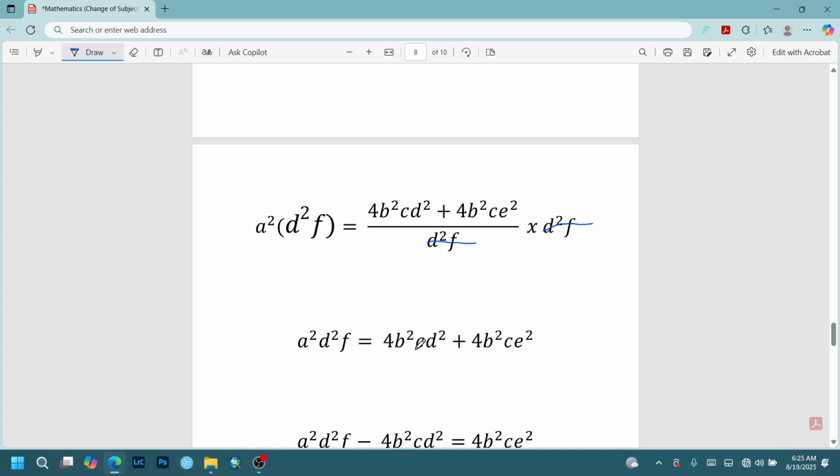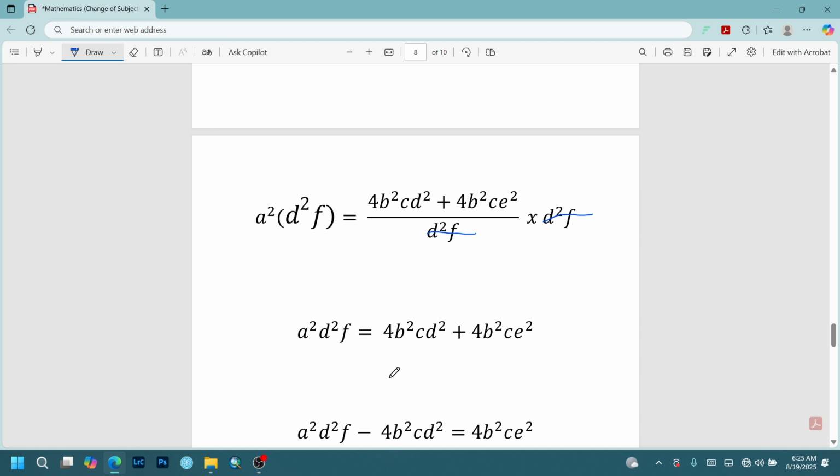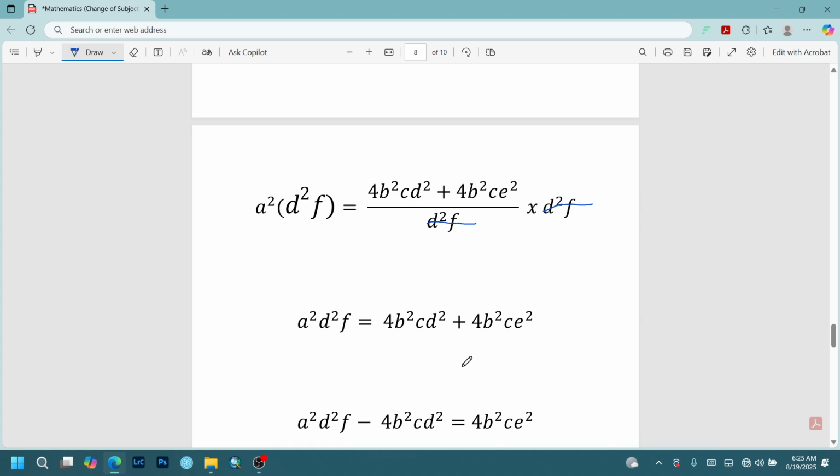So we would maintain a squared d squared f, and we would bring on board 4b squared cd squared, right, because it has a d component in it. This 4b squared cd squared is a positive number, so when it crosses the equal to sign, it will change its form to become a negative number, because whenever a number crosses the equal to sign, it changes its form.